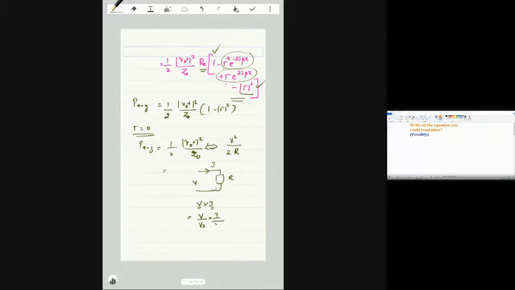And I equals V by R. So V by root 2 times V by root 2 is V square by 2, divided by R, nothing but V square by 2R. The same thing we write at higher frequency. It's the same, only gamma is added now. With that, we can see one problem. I hope it is making some sense.